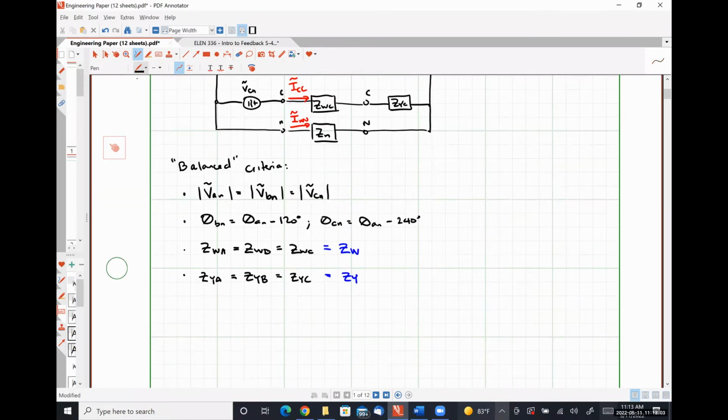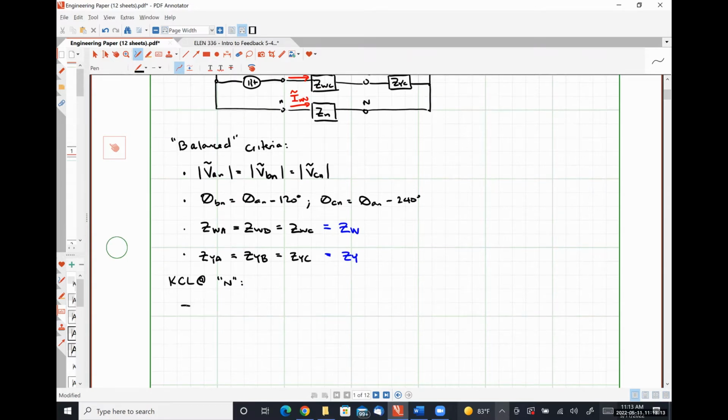What we will have, so let's write this down, KCL at capital N. What we will see is that our line currents IAA, IBB, ICC, and INN sum together to make 0.